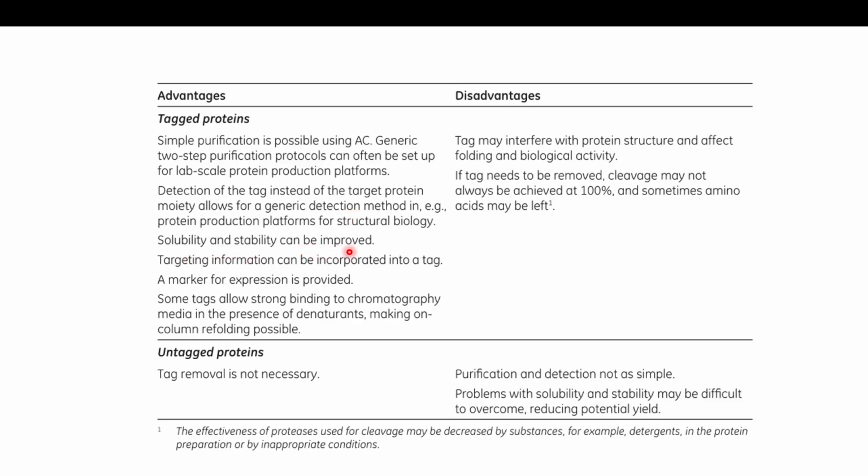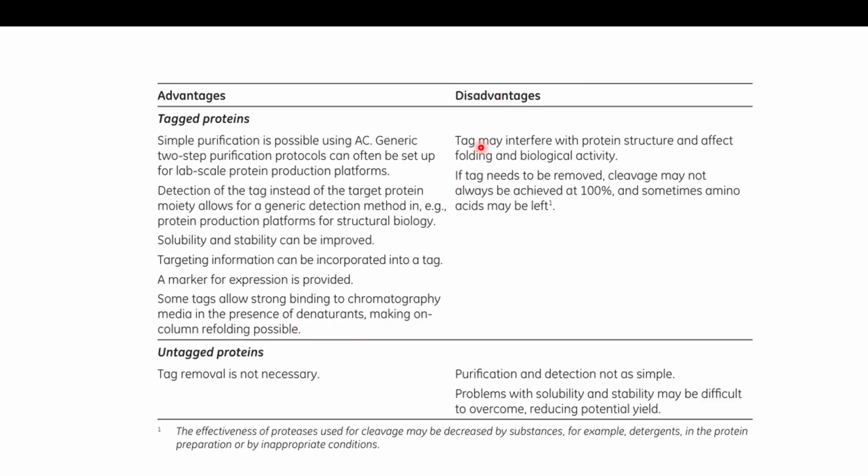Solubility and stability can also be improved using different kinds of tags, and targeting information can be incorporated into a tag, like where the protein should go. Okay. A marker for expression can also be provided using different kinds of tags, and some tags also help in strong binding to the chromatographic matrix in the presence of denaturants, making on-column refolding possible, right?